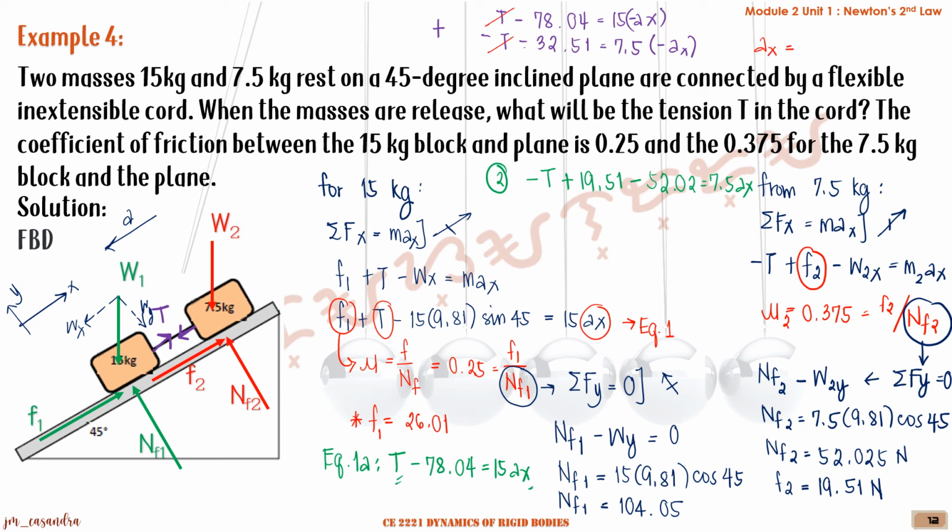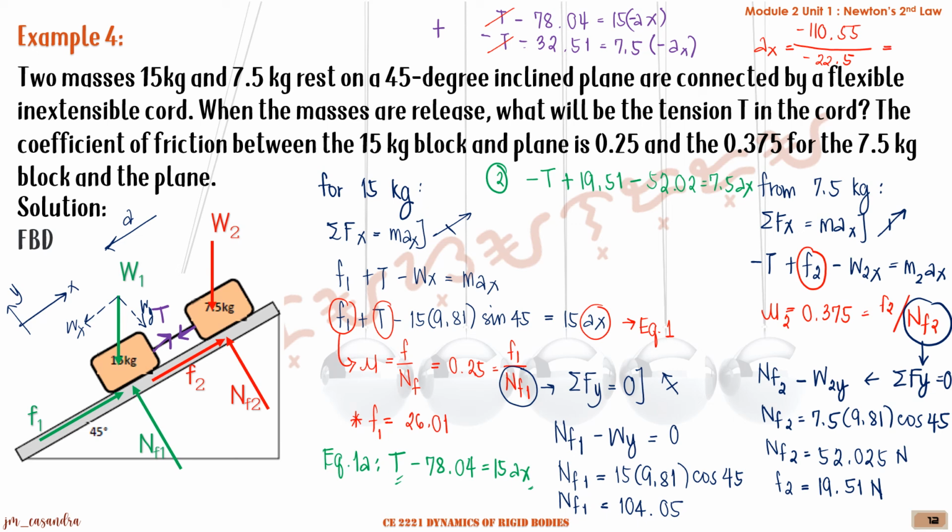ax is equal to negative 78.04 plus negative 32.51, it's negative 110.55. Divide this by negative 15 plus negative 7.5, it's negative 22.5.